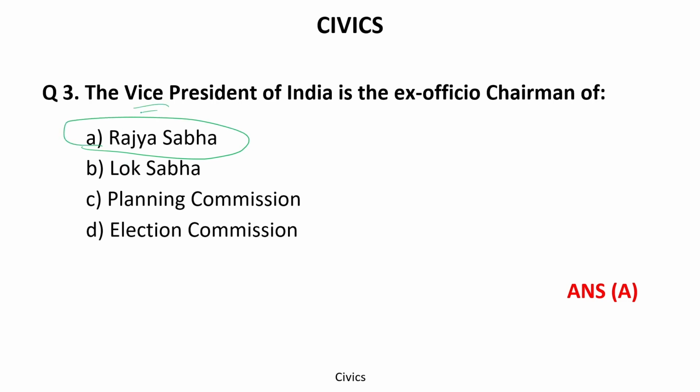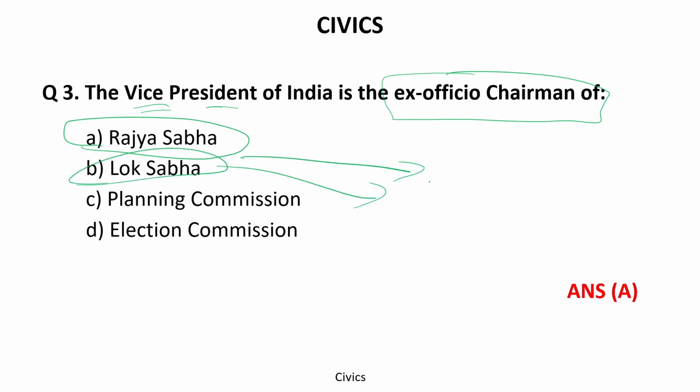The Vice President is the ex officio chairman of Rajya Sabha. There is a system: in Lok Sabha, two people manage the house, first the speaker and second the deputy speaker. A similar thing happens in the Rajya Sabha.